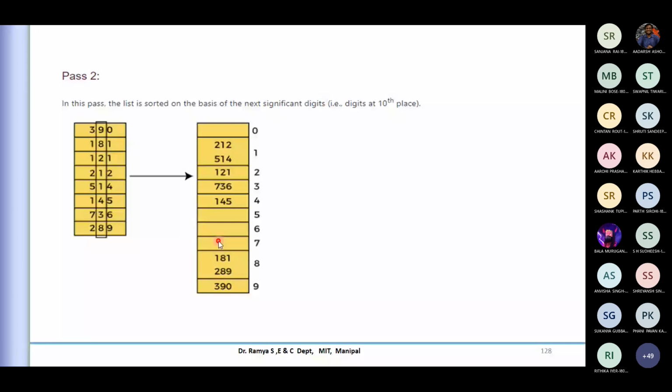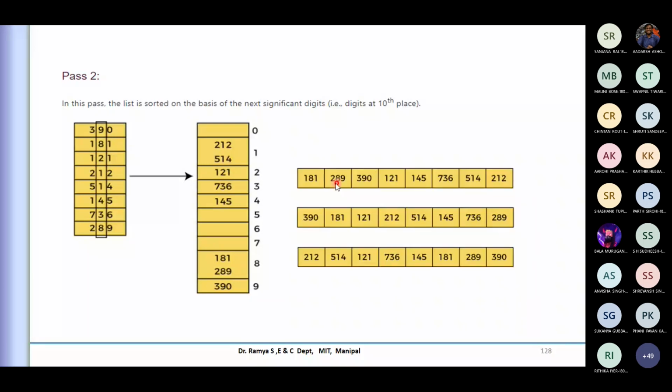If you see the array representation, this is the given array, which we have to sort. In the first phase, you can see all the last digits are organized in the order of the radix system.